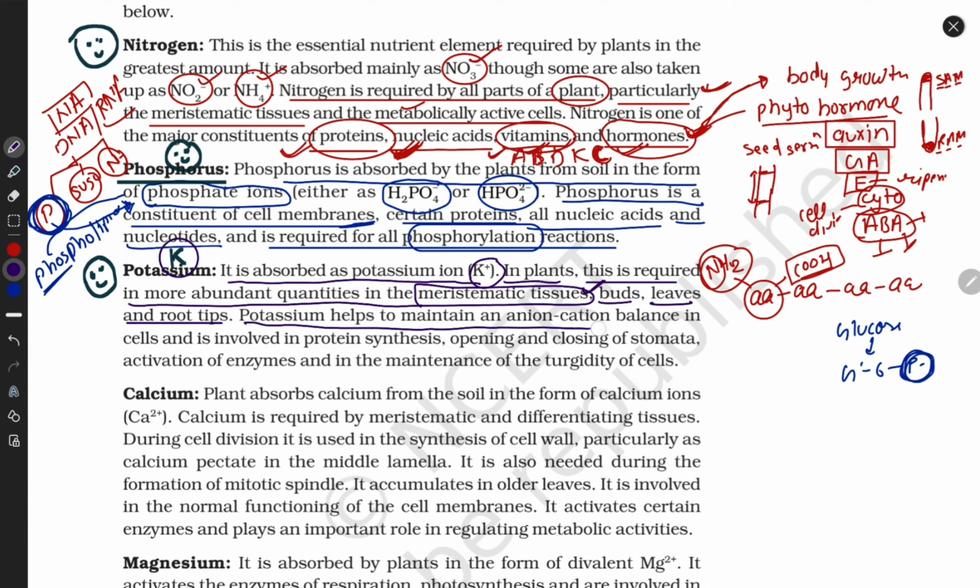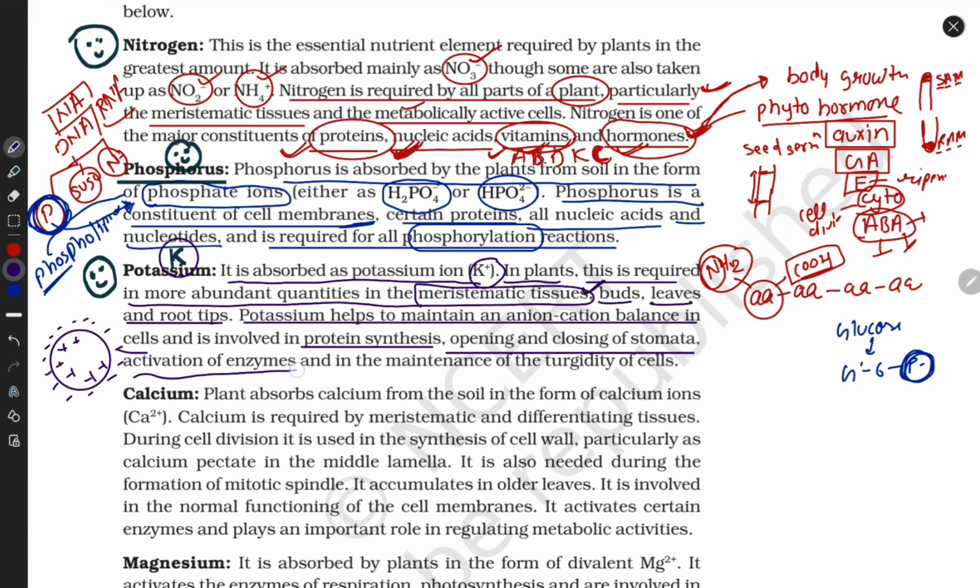Potassium helps to maintain the cation-anion balance in cells. Yes guys, this is the cell, and it balances positivity and negativity surrounding and inside the cell. It is also helpful in protein synthesis, opening and closing of stomata, activation of some enzymes and maintenance of turgidity of the cell. If the solute concentration is high inside, water can enter.